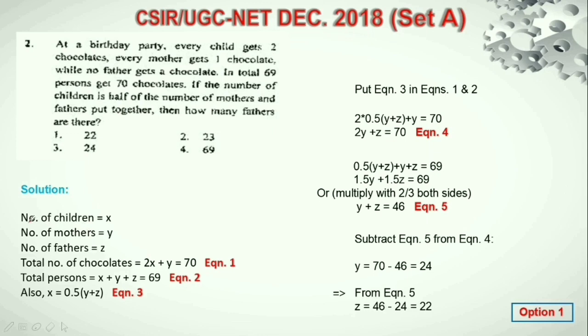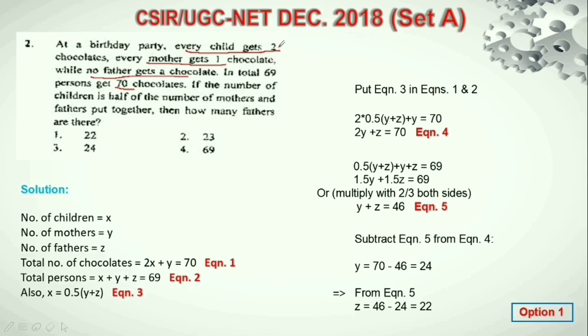So let us assume that the number of children is X, number of mothers is Y, and number of fathers is Z. And we apply the given conditions. Total number of chocolates is 70, and each child gets 2 chocolates, each mother gets 1 chocolate, and father gets no chocolates.